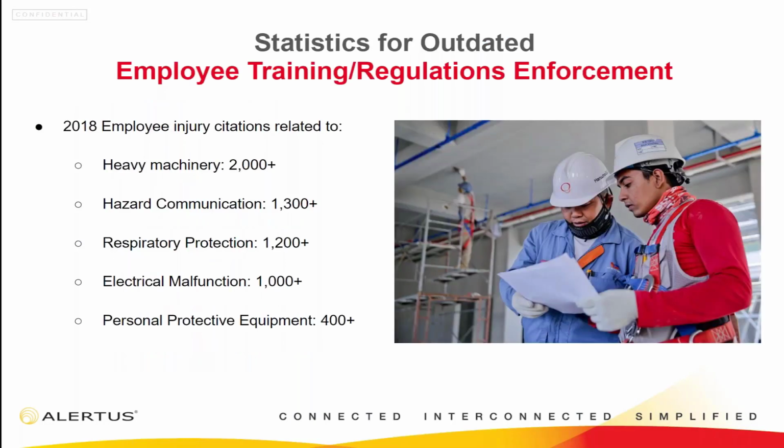Here we have some statistics on injury citations throughout the manufacturing environments. And I think what you can take away from this is it's not always if, but when. This can be a very reactive industry, typically putting something in place after there has been an incident, after they've had an emergency, and they've seen the shortfalls, or they've seen the lack of communication devices that they have or don't have within this area.